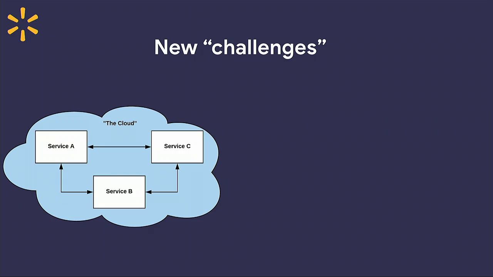Also, how do all of these services discover each other? How does A know where to find service B? And if service B changes its whereabouts, how does service A get notified of that? And how do we even observe this overall large system? How do we know what's going on at any point in time with our larger infrastructure?